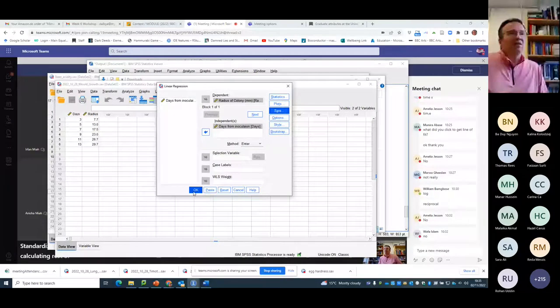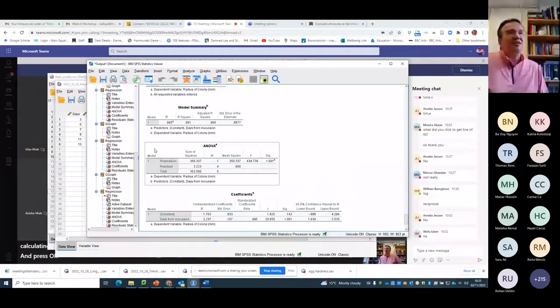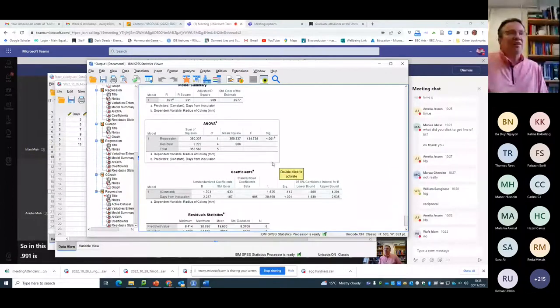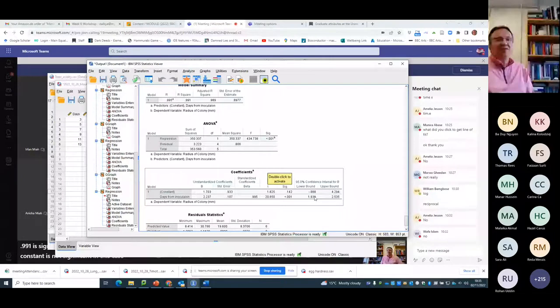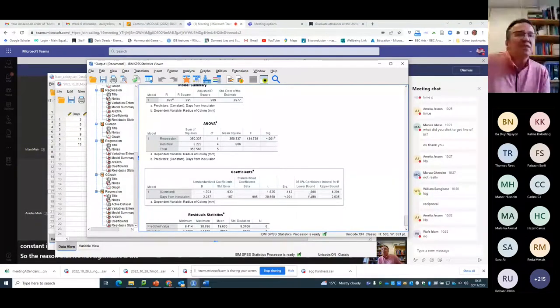And press OK. So in this case, R is 0.995, R squared is 0.991. It's significant again on the p-value. The constant is not significant in this case. The reason that it's not significant is the constant could be minus 0.888 or positive 4.3. So that confidence interval includes 0.